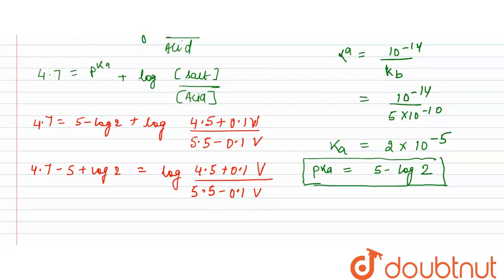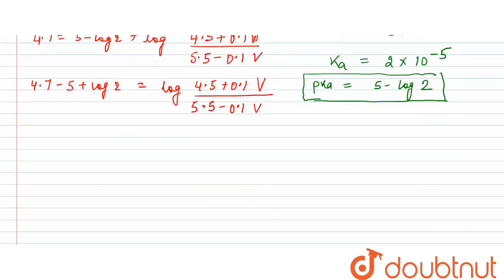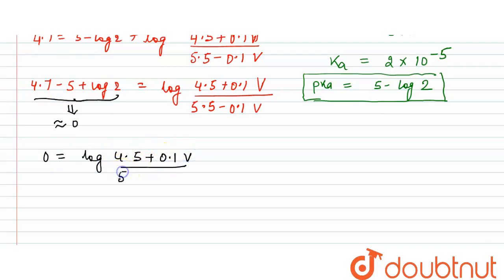Now from here it's very important what you will get. Actually, the whole left-hand value is approximately equal to 0, right? So you will write 0 is equal to log of (4.5 plus 0.1 V) divided by (5.5 minus 0.1 V).